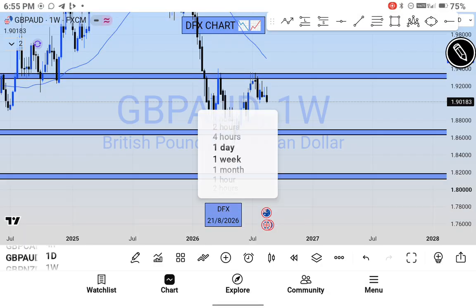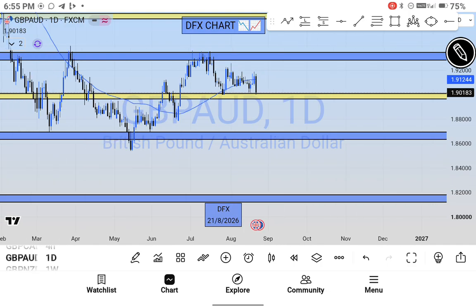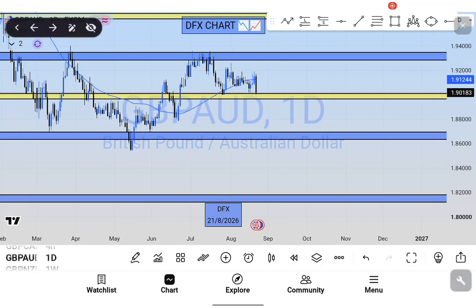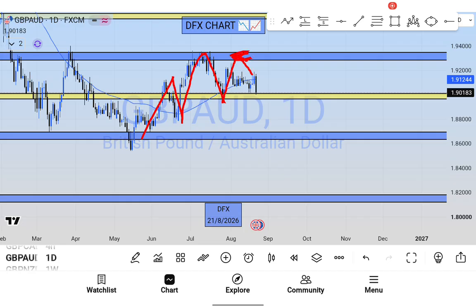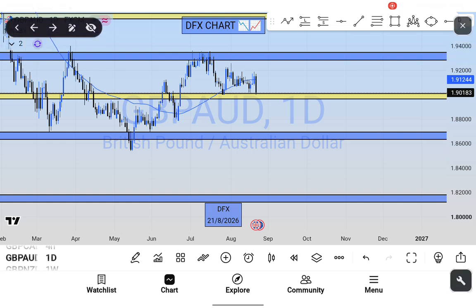Now on a daily time frame, here's the twist. We are supposed to have a retest, then have a push here, right? We should be having a rejection here before we start saying the market wants to push to the downside, right? But we didn't have that push. So within here, we are still above this daily zone.